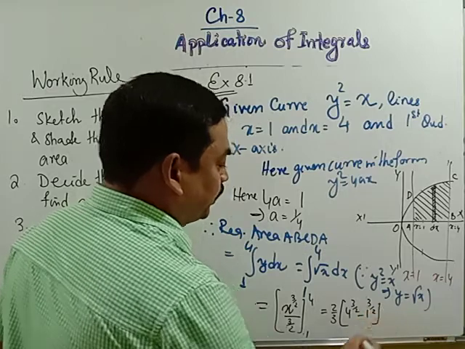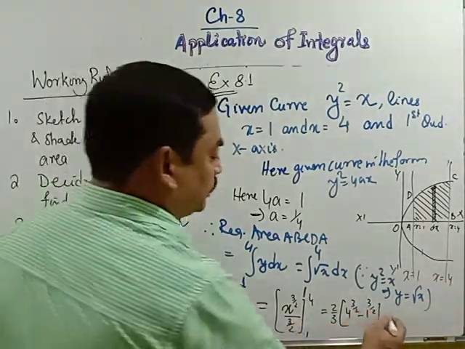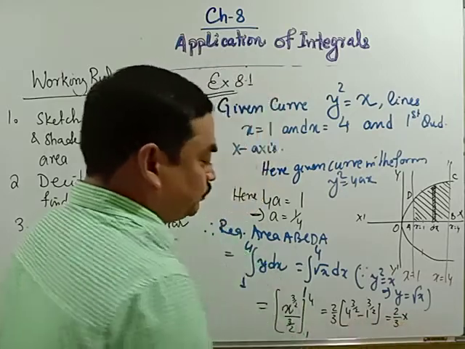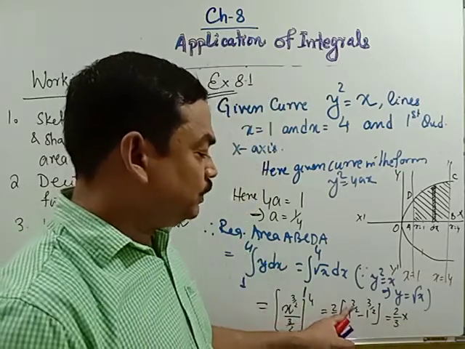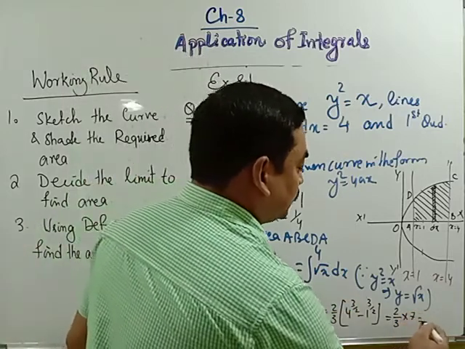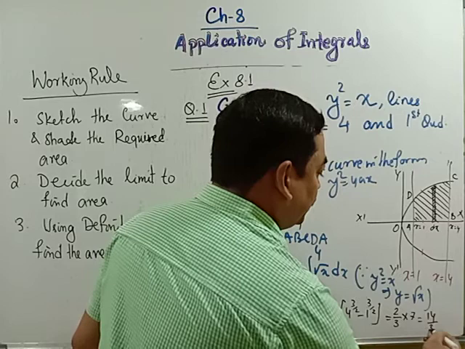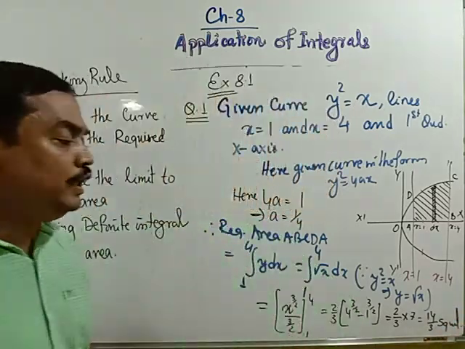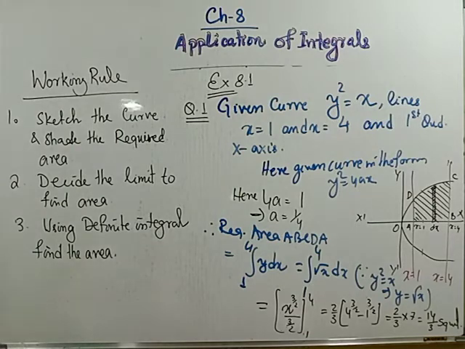So this will be 2 by 3 into 8 minus 1, which is 7. So that is 14 by 3 square unit. 14 by 3 square unit is the required area for this given curve.